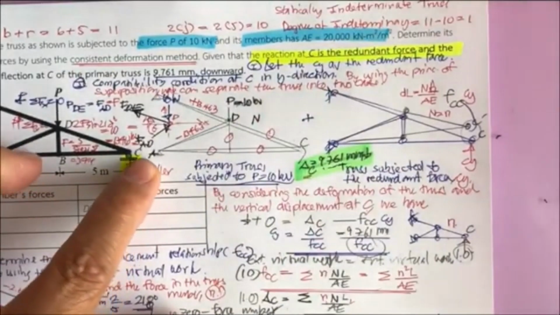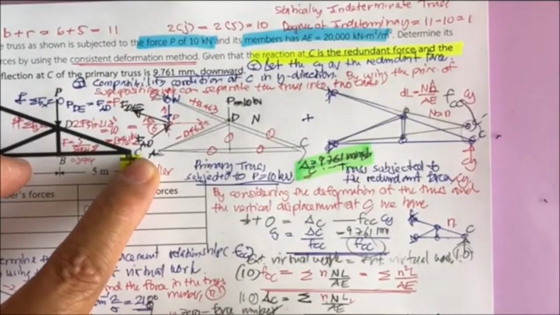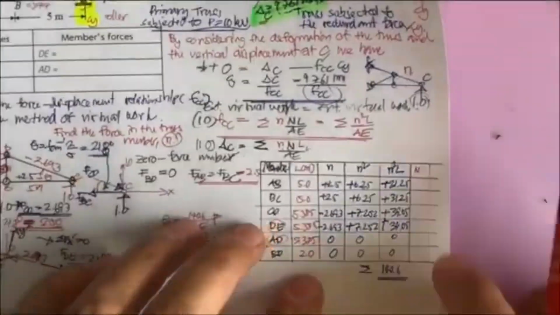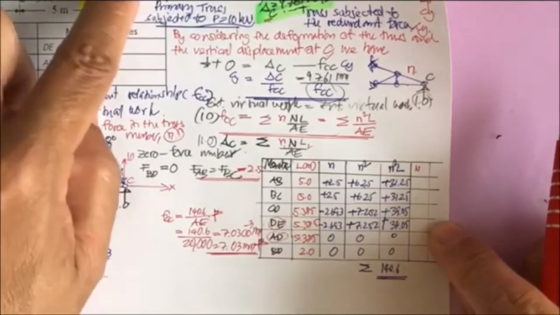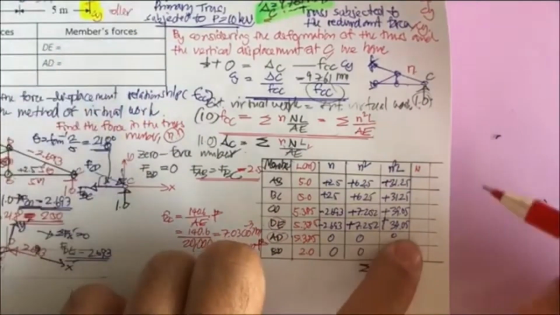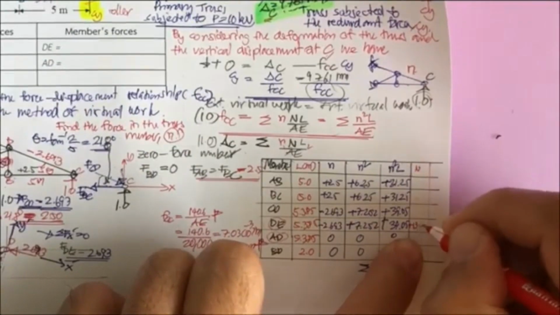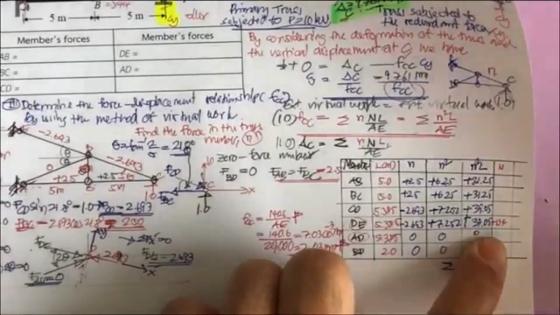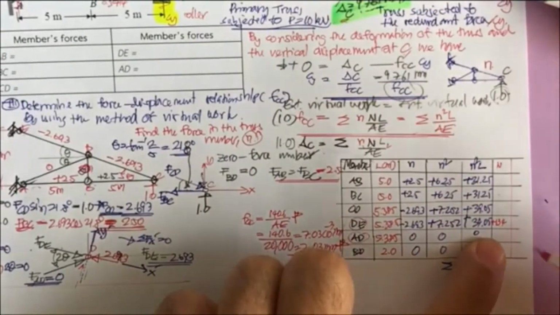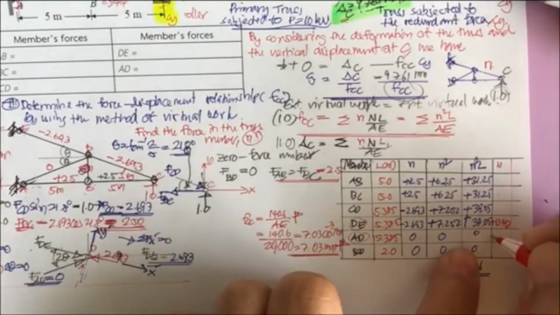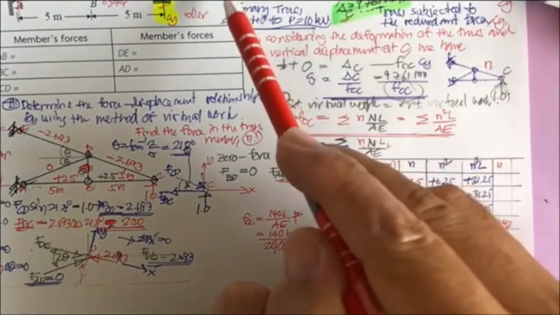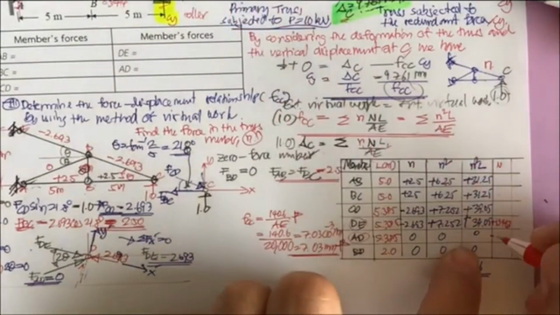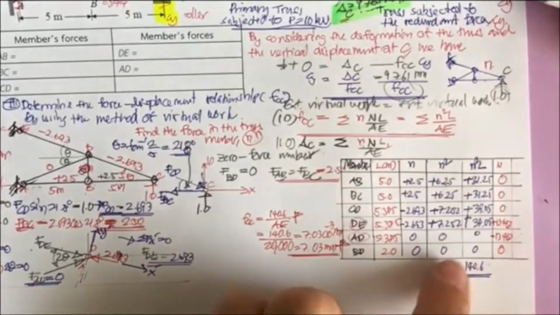Only AD and DE. So the DE is plus 13.463, and this is going to be minus for the AD, 13.463. This is 0, 0, 0, 0.